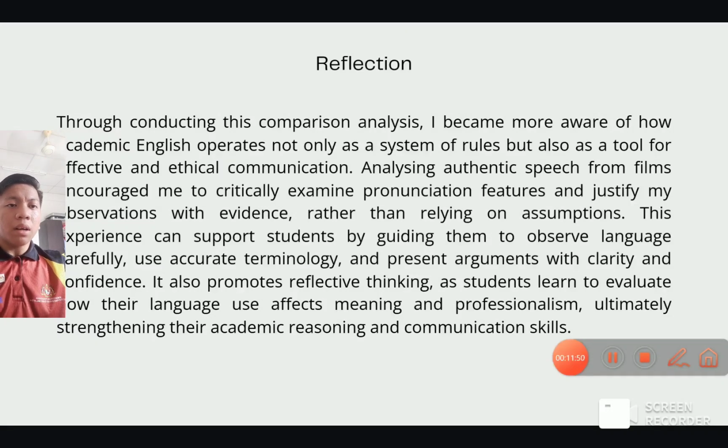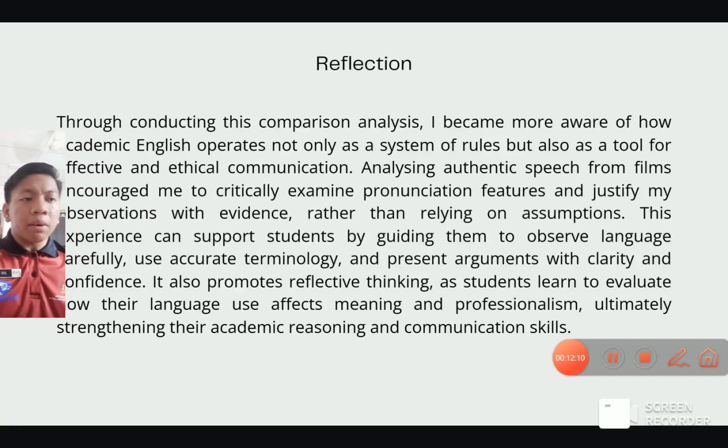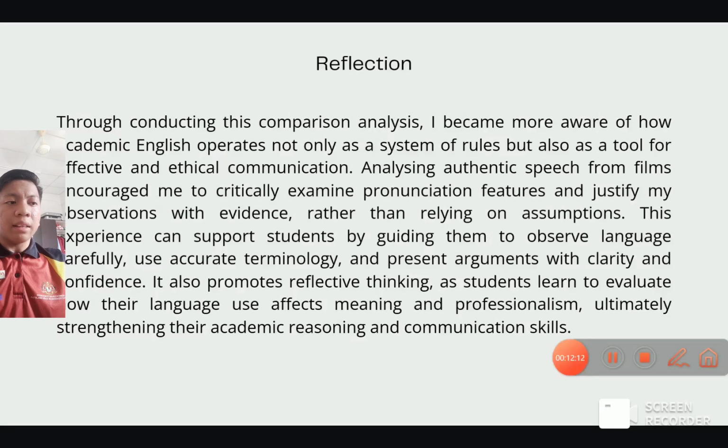Through conducting this comparative analysis, I became more aware of how academic English operates not only as a system of rules but also as a tool for effective and ethical communication. Analyzing authentic speech from films encouraged me to critically examine pronunciation features and justify my observations with evidence rather than relying on assumptions.